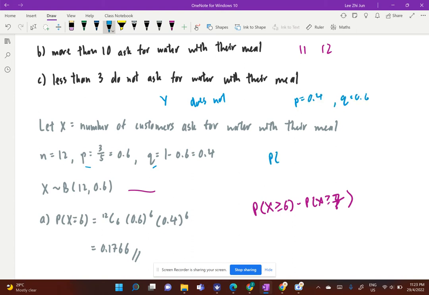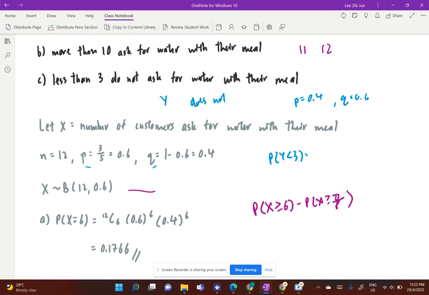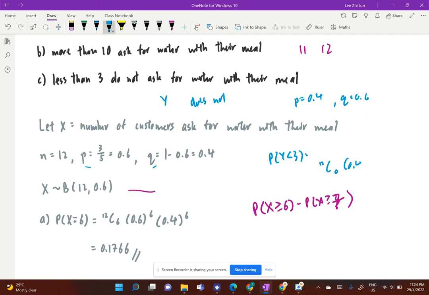So less than 3 is P(Y < 3), so you need to find Y equals 0, Y equals 1, Y equals 2. So it will be 12C0, 0.4 to the power of 0, 0.6 to the power of 12, plus 12C1 plus 12C2, like that.